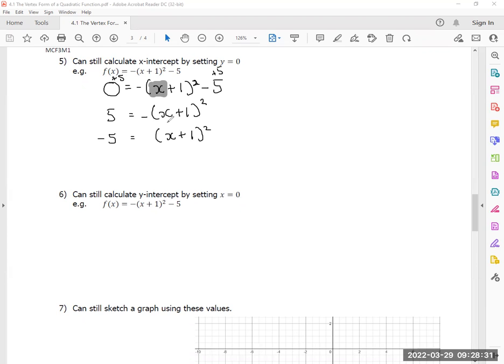Now, if I want to get into the x variable, I always feel like I'm cracking a nut and trying to get into the inside. I need to get rid of the square. The inverse of a square is the square root. So I need to square root both sides.